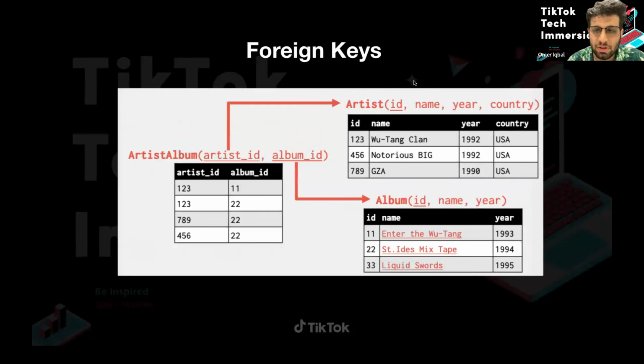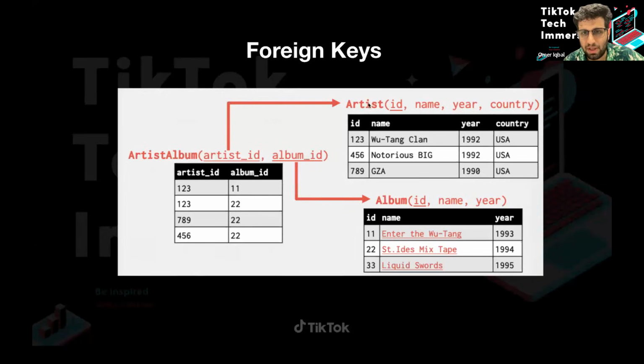Going on. Aside from the primary key, we also have this thing called foreign keys. In this simple table schema example, a foreign key is some kind of ID that refers to another table's primary key, or another column in another table, not necessarily the primary key. This is how we build relations between different tables.